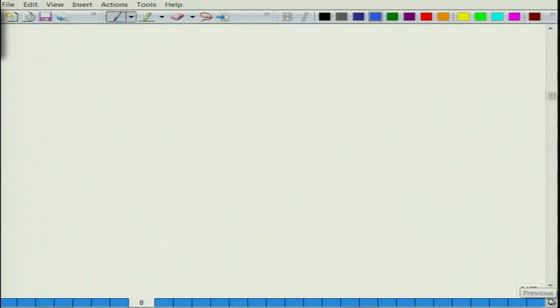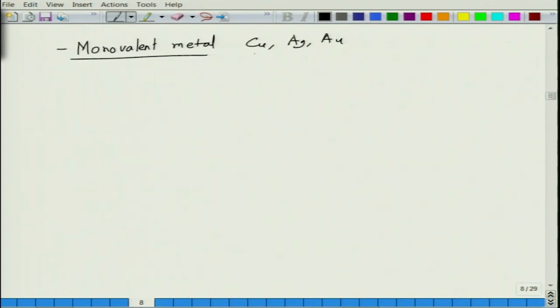Now if you compare this with a semiconductor, let us first do the metals part. In the case of monovalent metals such as copper, silver, gold, all of them have one electron in the outermost orbital.